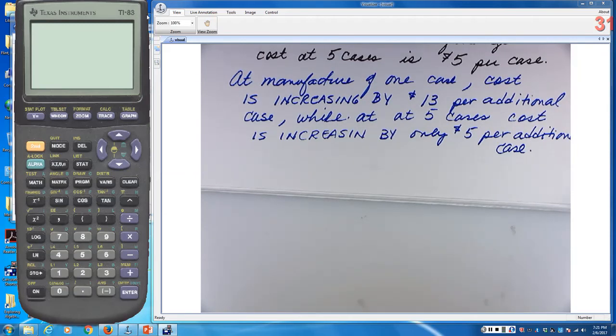Eventually, in most logical settings, you know that you can't make enough cases to where the marginal cost, or the cost of making 1 more case, is going to be nothing. That doesn't make any sense. Even though it might shrink down a lot, at some point you're going to be at carrying capacity. At some point, you're not going to be able to make any more for any less per case, because you've got that set fixed cost, right?